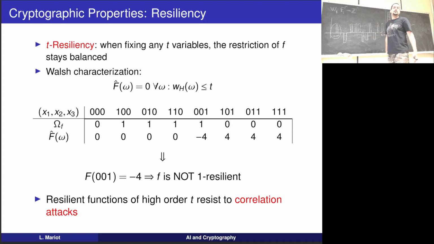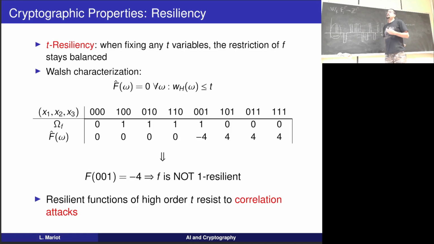And t resiliency, for t strictly greater than 0, is t-resiliency. So in this case, we have something that in this example is not even one resilient, because if you see here this coefficient over 0, 0, 1, it's -4, so it is different from 0, and it means that the function is failing the criterion of one resilience in this case.